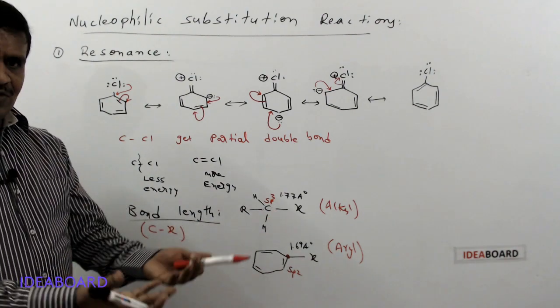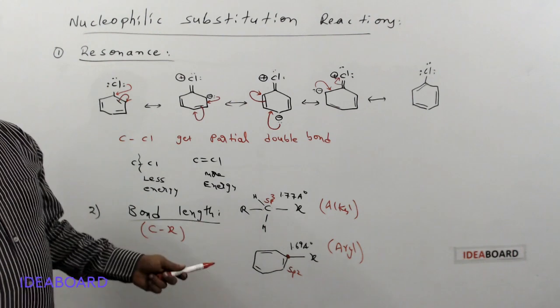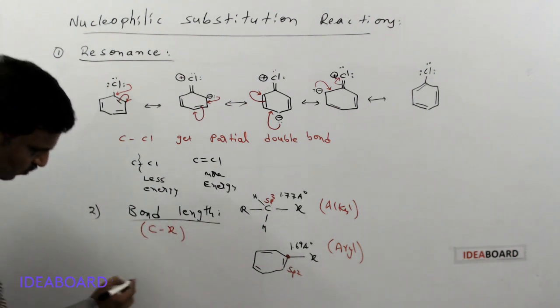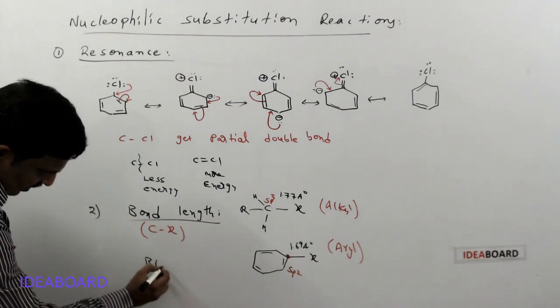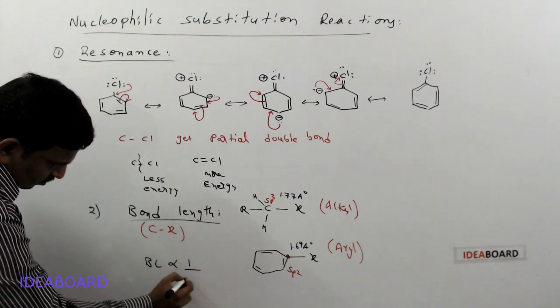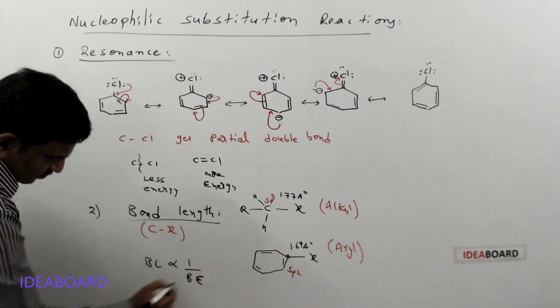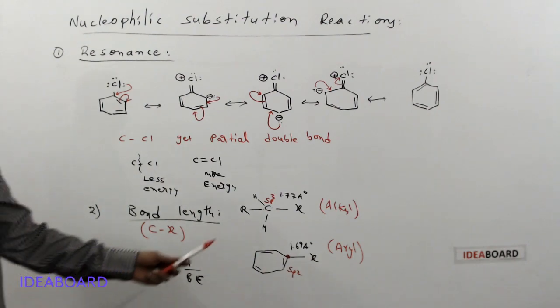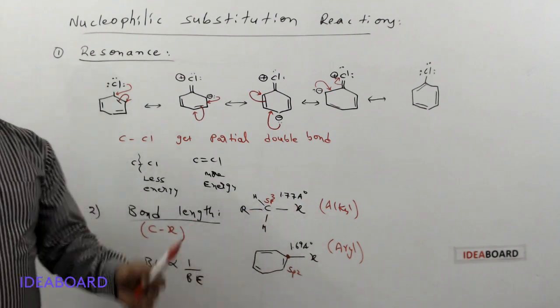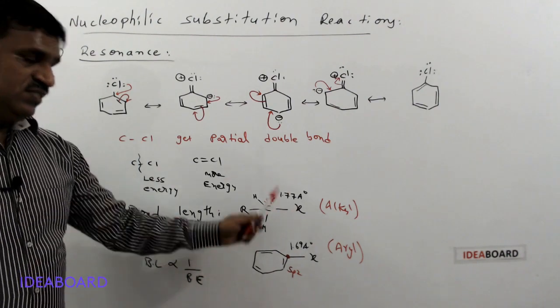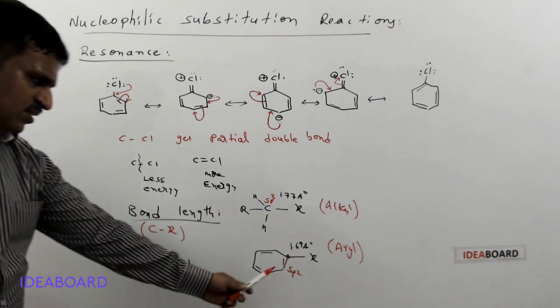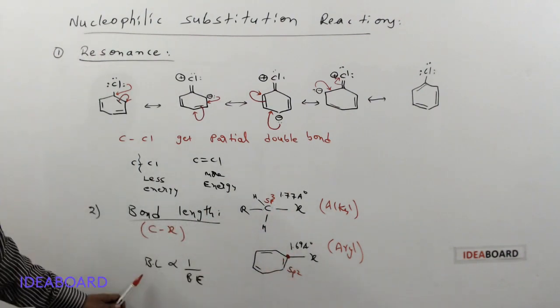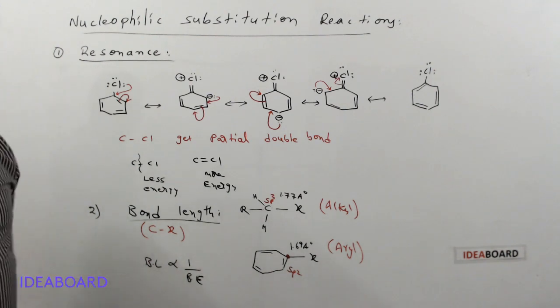When bond length is more, what happens? Bond energy decreases. Bond length is inversely proportional to bond energy. So when bond length is more, bond energy is less, and the C-X bond dissociates easily. Whereas here bond length is less, so bond energy is more and it requires more energy.